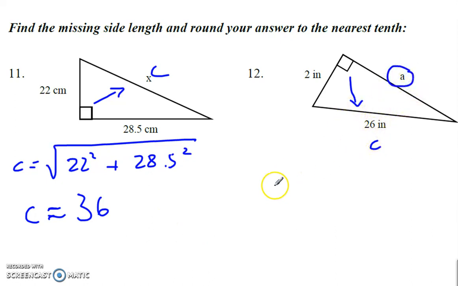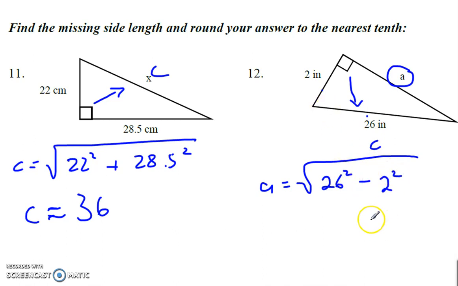Okay, over here we are looking for A. We're not looking for C. So if we're not looking for C, we have to subtract the other side from C. So A is equal to the square root of 26 squared minus 2 squared. So then A is equal to, and you can type this into your calculator.